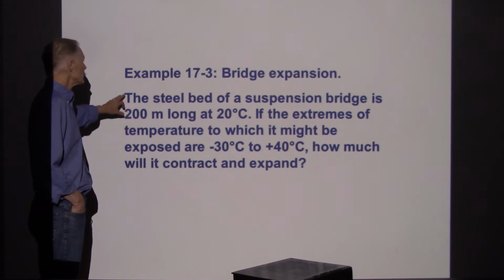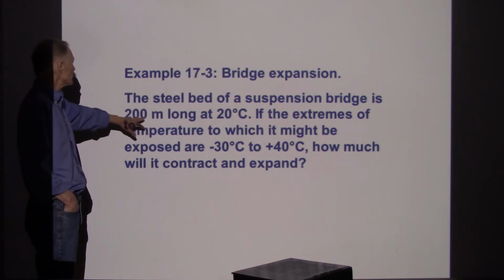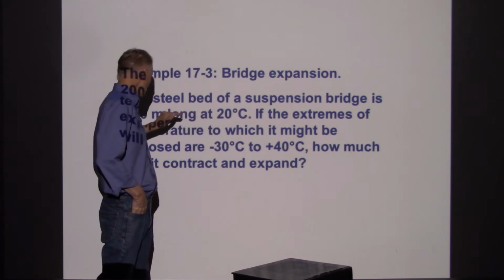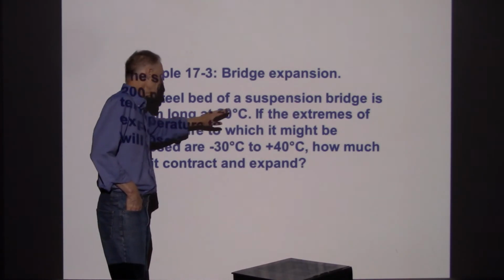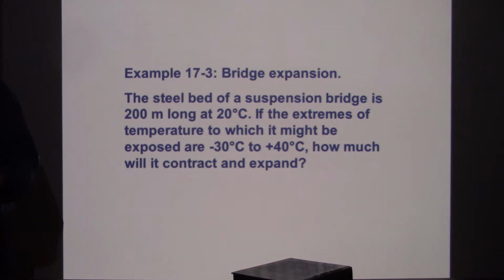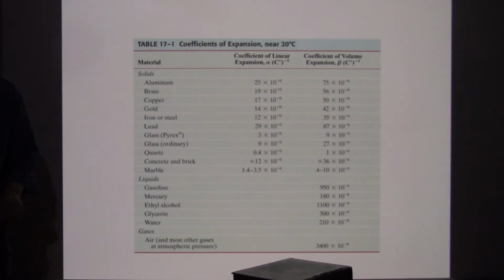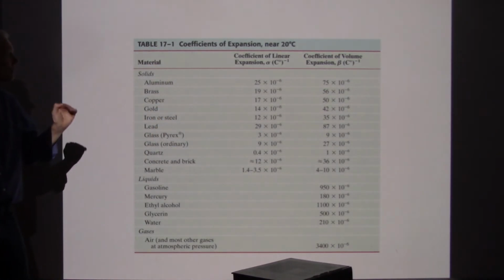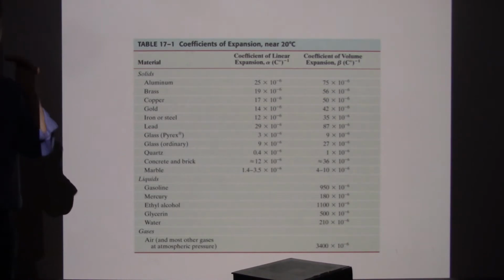So let's look at an example with linear expansion, with thermal expansion. It says that we have a bridge. It's 200 meters long exactly at a temperature of 20 Celsius. And again, 20 Celsius is typically our reference. When we list all of these alphas here, it actually means they depend on us working from a reference temperature of 20 Celsius.